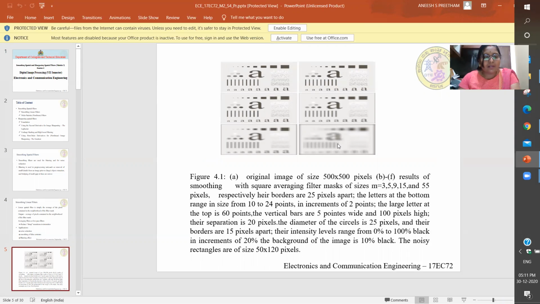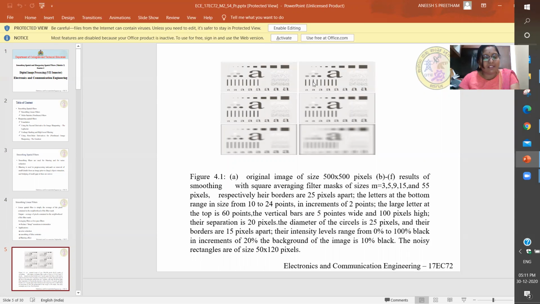So let us consider the square averaging filter of size m equal to 3, 5, 9, 15 and 35 pixels respectively. The principal features of these results are as follows.